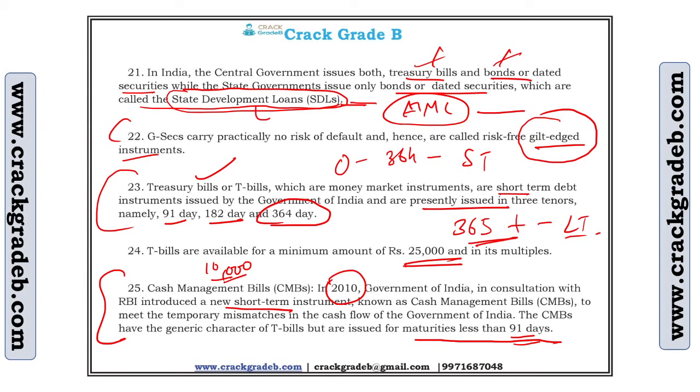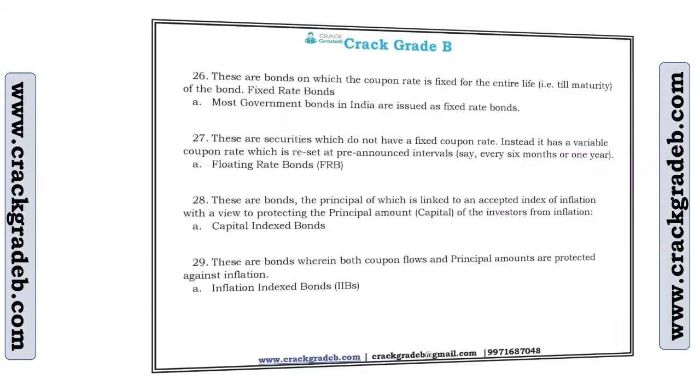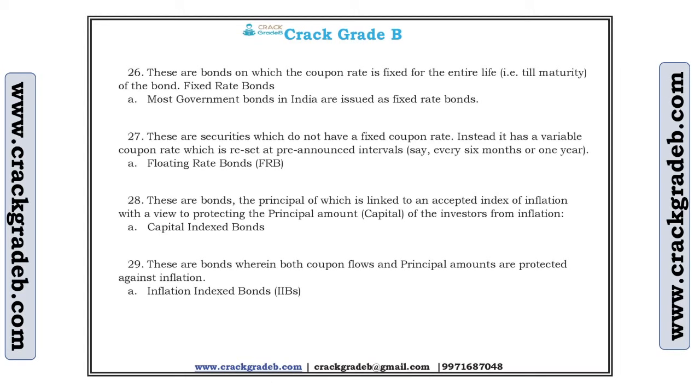Means CMB comes into the picture when the government wants money from 1 day to the 90th day, right? The moment the government wants money for 91 days, the government has to switch to treasury bills. Okay, that's the difference. Let's move forward with the next set of information.